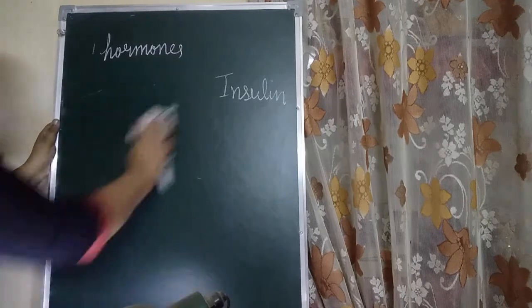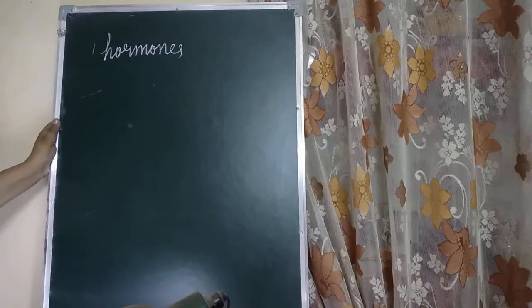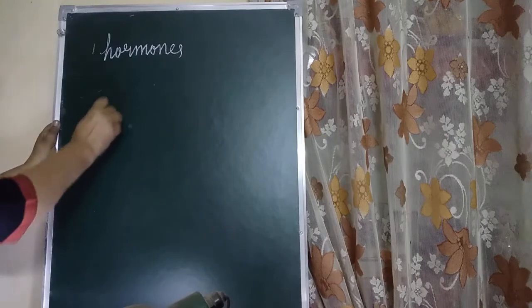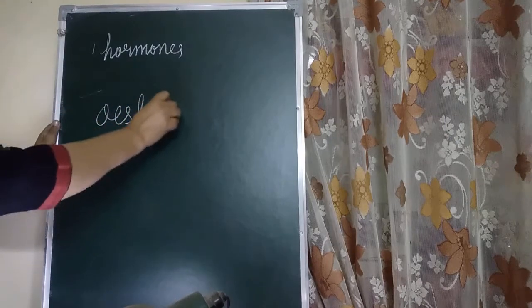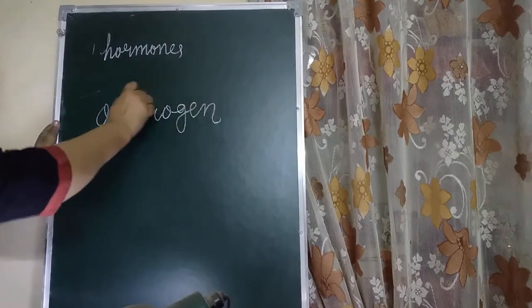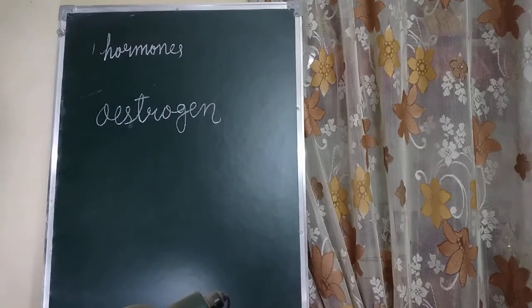The name of the hormone is estrogen. It controls the development of sexual characteristics in females. That is estrogen. Now testes, which hormone is secreted?